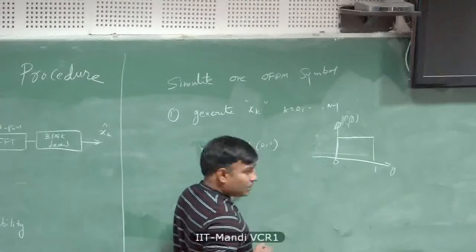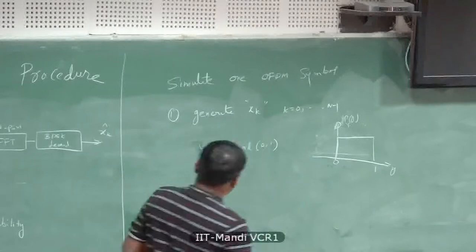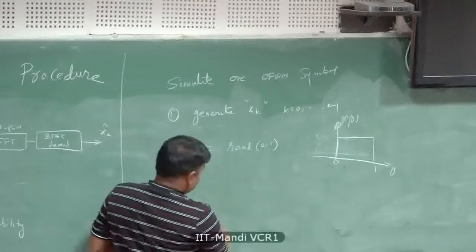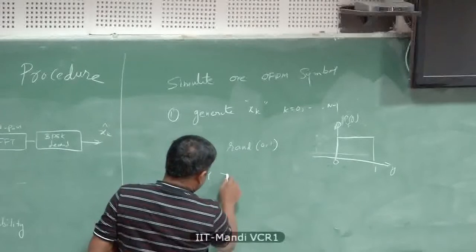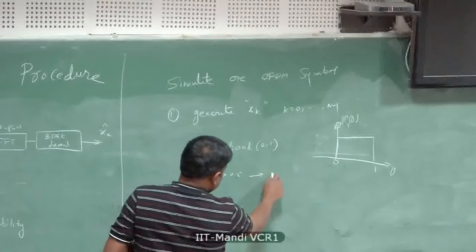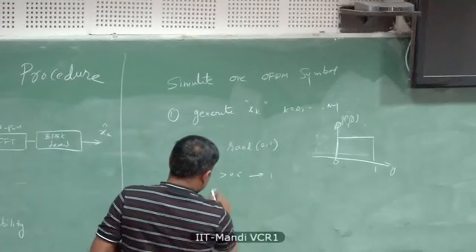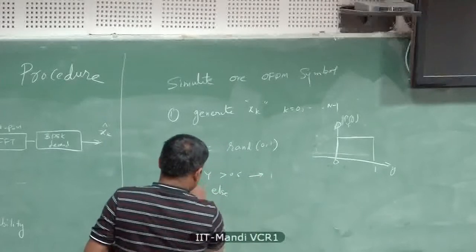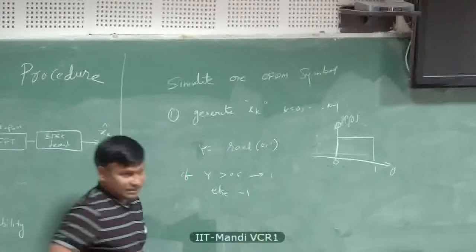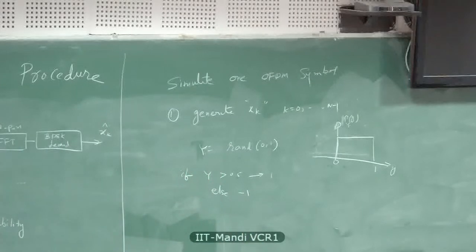So from rand, you can generate binary random variables by simply generating y, and you compare: if it is greater than 0.5, you declare it as 1, else it is minus 1. So it's like generating another random variable from a known distribution.